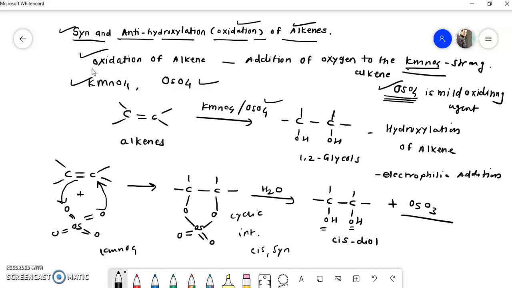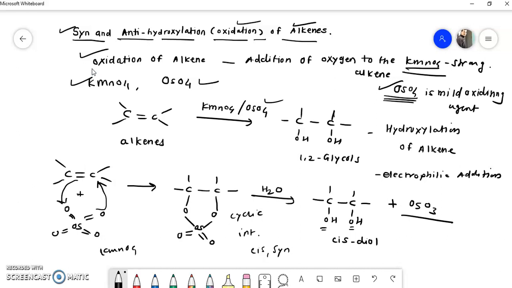Remember. Now, this is a symmetrical alkene, but if we take an unsymmetrical alkene, then hydroxylation of cis and trans isomer gives different diastereomers. Therefore, the two faces of the alkene are also called diastereotopic, and the reaction is called a stereospecific reaction.